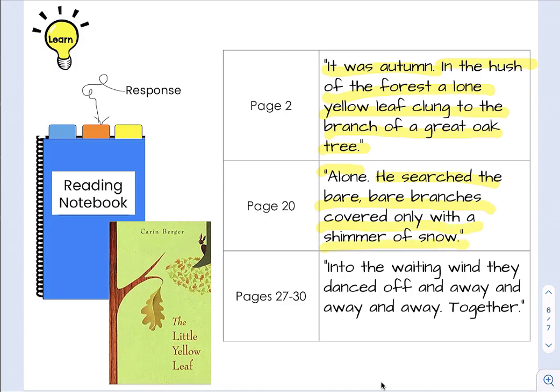Again, short sentence followed by a longer sentence. And then pages 27 through 30 had this. Into the waiting wind they danced off and away, and away, and away, together. So this one was a longer sentence followed by a shorter sentence. Now, if you did not find these sentences, you can add them to the response section of your reading notebook. You can pause the video now if you need to add these in.